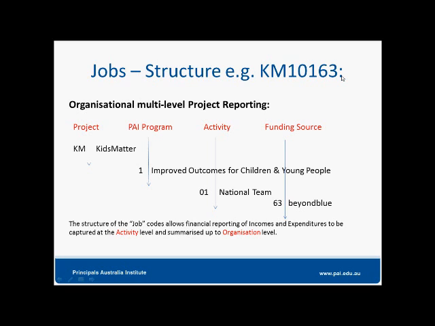10163, and we're able to look at these jobs on an organisational level and say, well, okay, how much does Beyond Blue fund across the whole of PAI, and add all the 63s. Or we can say how much is spent or received for improved outcomes for children and young people.